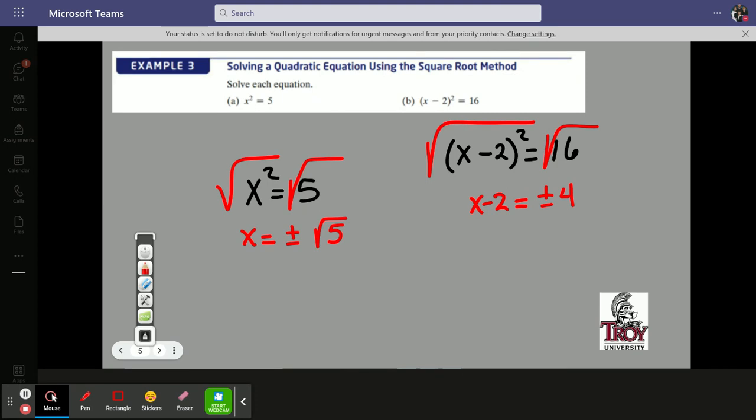Got to use that plus or minus. Because 4 times 4 gives me 16, but so does negative 4 times negative 4. That gives me 16 also. So I got to use plus or minus. Going to add that 2 to both sides. Now I have 4 plus 2, and I have negative 4 plus 2. So what are my solutions? X equals 6 and negative 2. Yes?